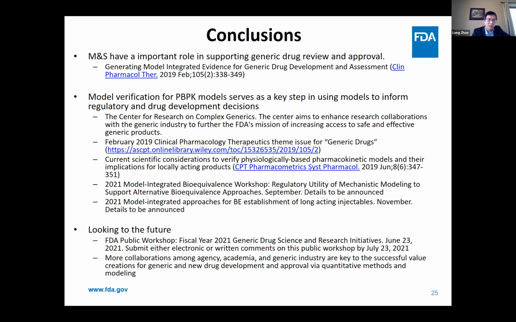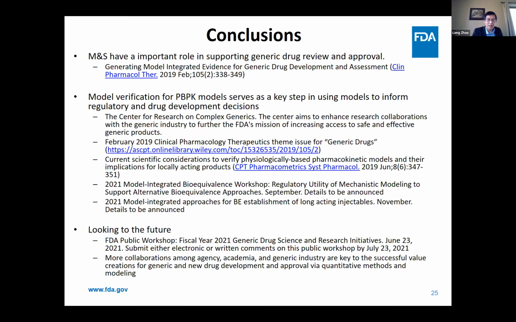regulatory decision making. Looking into the future, I just want to give you a heads up that we welcome more collaborations among the agency, the academia, and the generic industry, because your collaborations are key to the successful value creation for generic drug and new drug development and approval for a quantitative method of modeling.